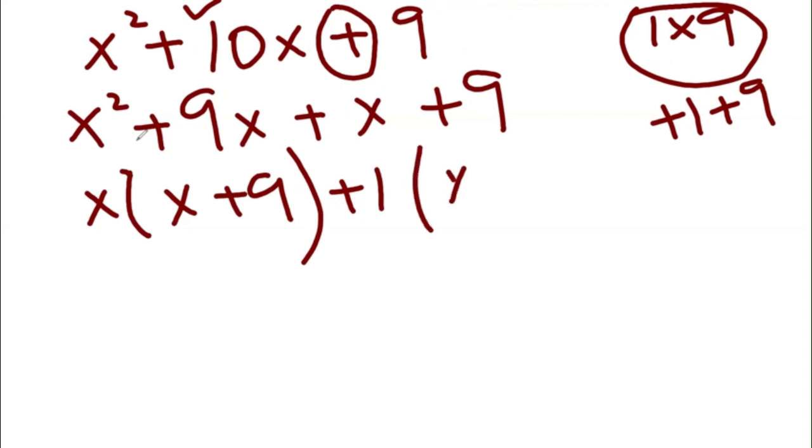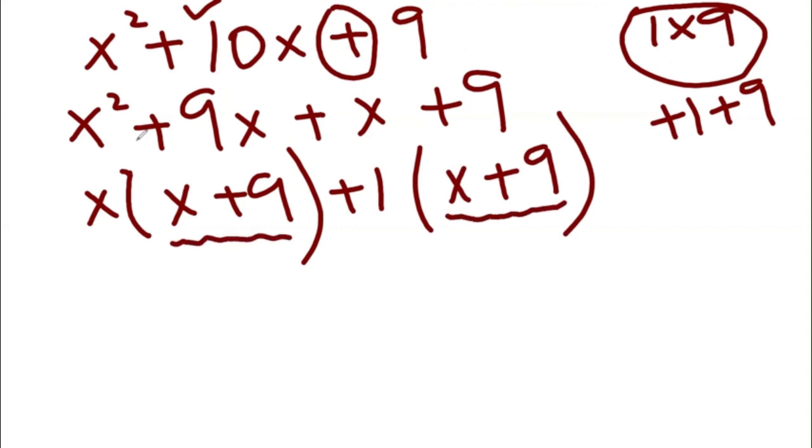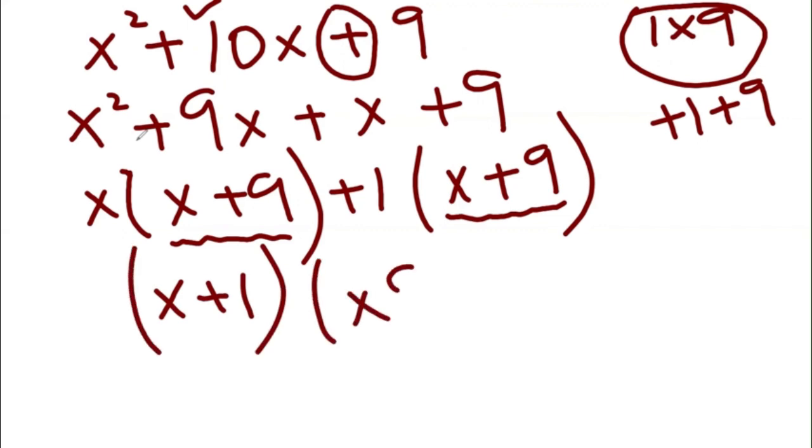What is left in the bracket? X plus 9. So this bracket and this bracket, the two terms are the same. It means this is the correct factorization. X plus 1, x plus 9. These are the two factors, x plus 1 and x plus 9.